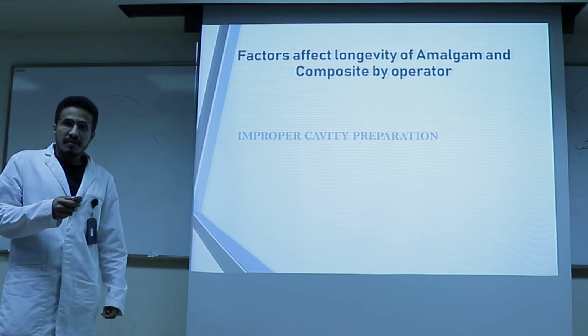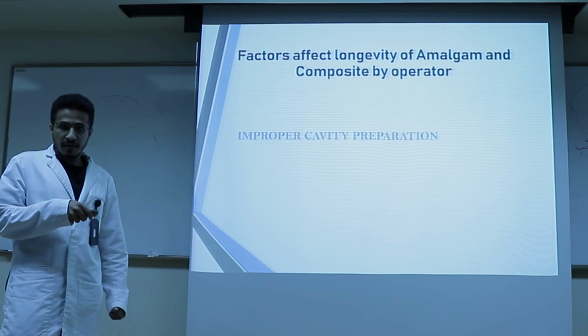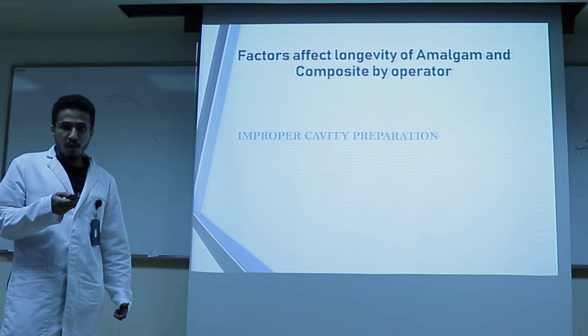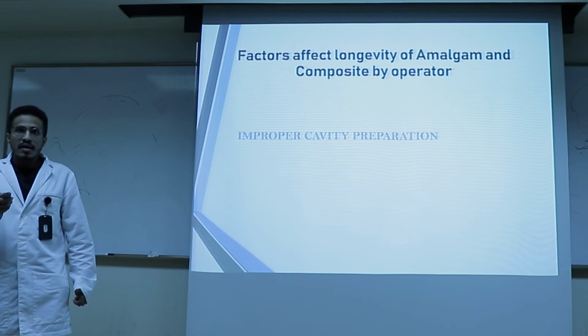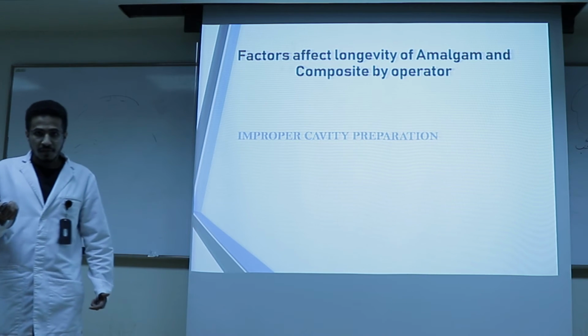Many dentists don't follow the manufacturer instructions for adhesion and composite, and they don't know the differences between the companies according to the market.